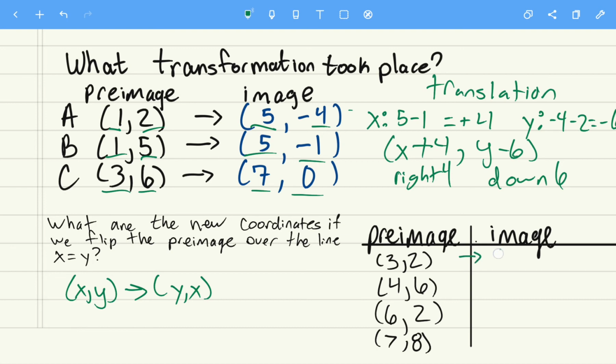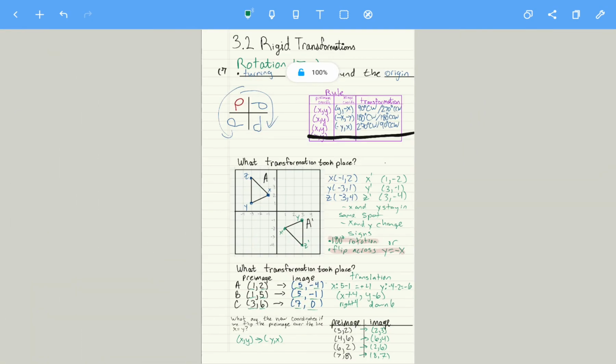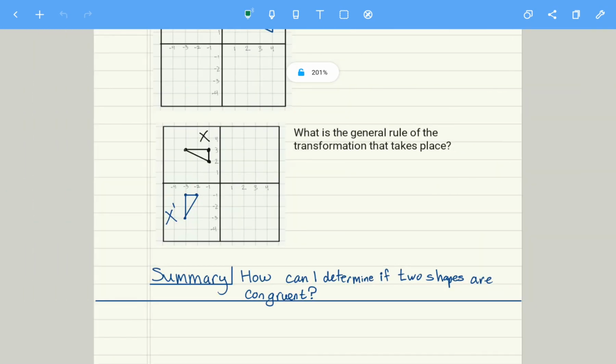So flip 3, 2, that becomes 2, 3. 4, 6 becomes 6, 4. 2, 6 becomes 2, 6. And 7, 8 becomes 8, 7. So that's it for that one. Let's look at 2 more.